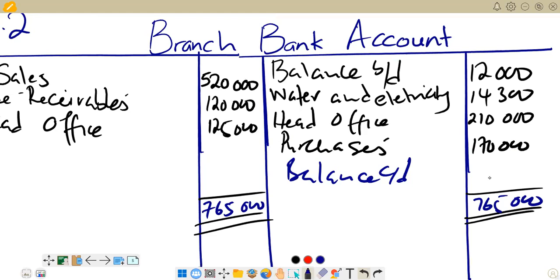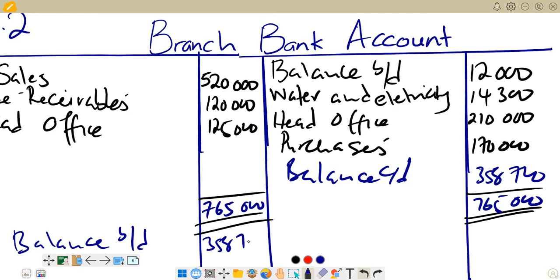You subtract the total of the credit, you get your difference here, which is 358,700. And obviously, on this side we have got our balance BD, the same figure there, which is 358,700. So this is what we have in terms of balancing our branch bank account. Then we can move on to check the next one.